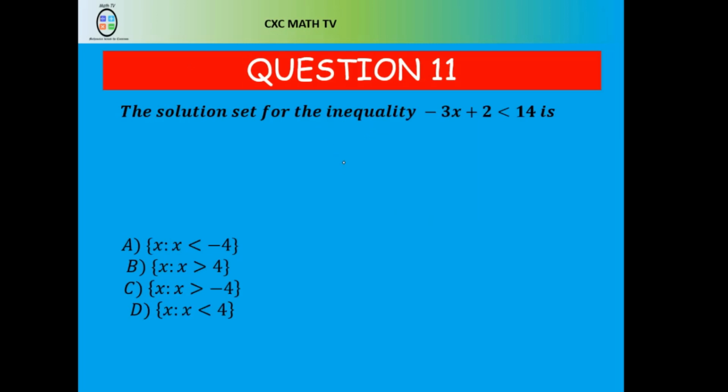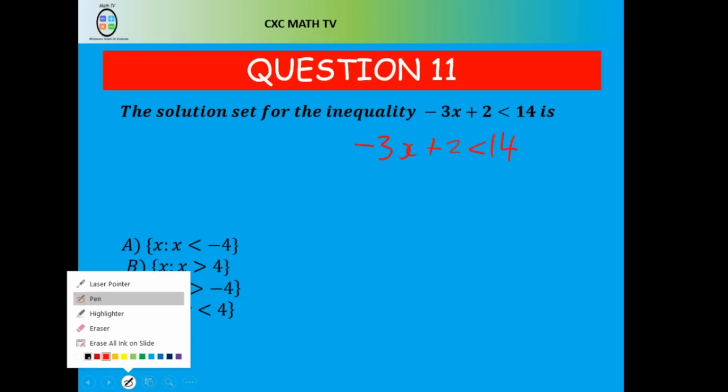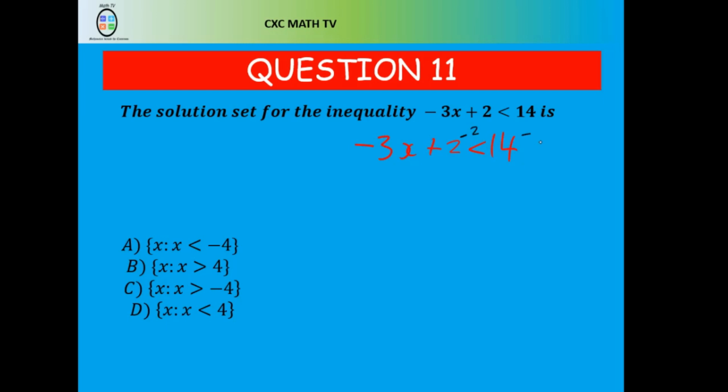This one now, it says the solution set for the inequality is, pause the video and attempt this question. First thing, you have negative 3x plus 2 is less than 14. So we subtract 2 from both sides. Negative 3x is then less than 12. Next we divide both sides by negative 3.